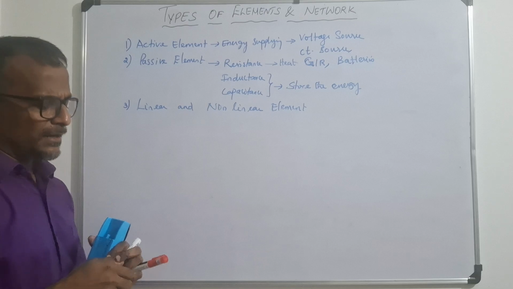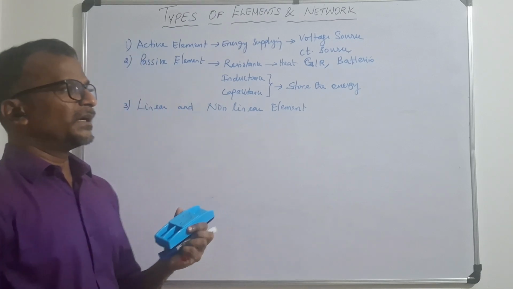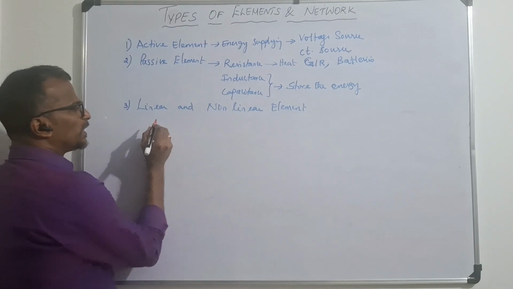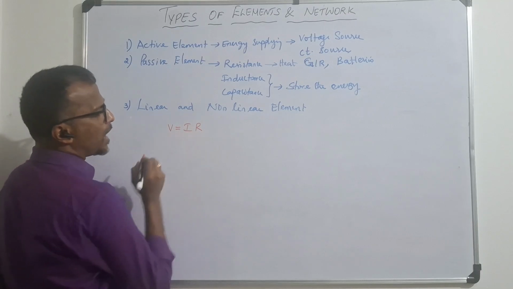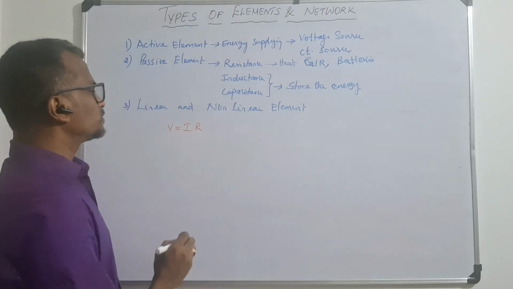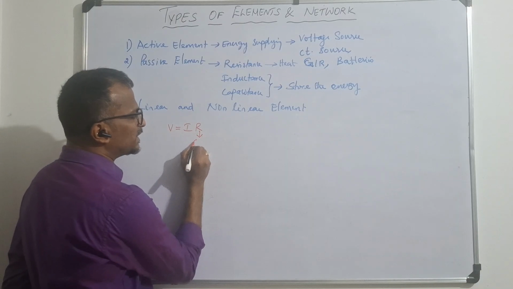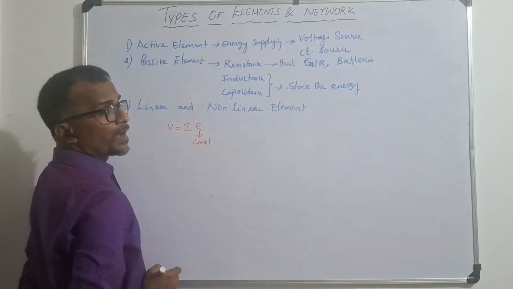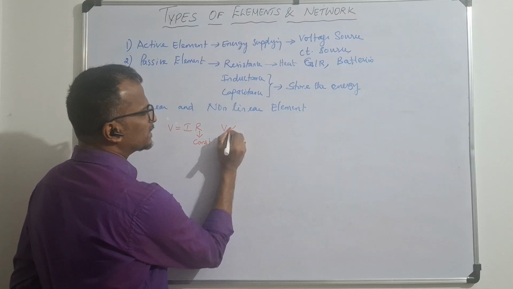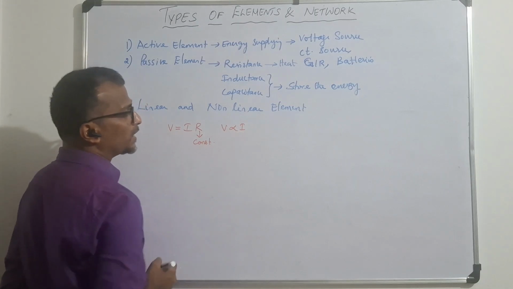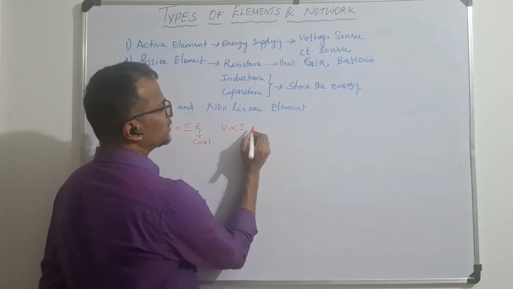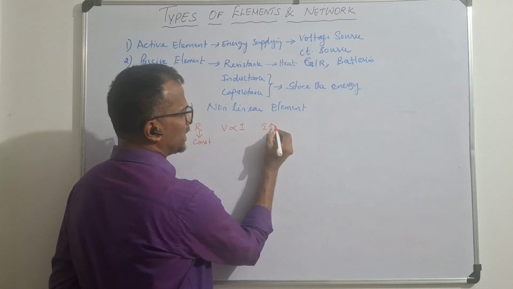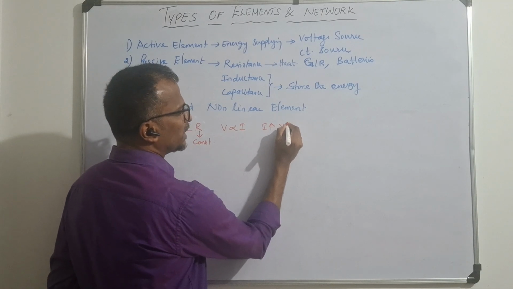In the linear element, for example, assume the voltage across the resistance is V equal to I into R as per Ohm's law. The resistance here is constant. Therefore, voltage is directly proportional to the current flowing through it. As the current increases, voltage will increase.